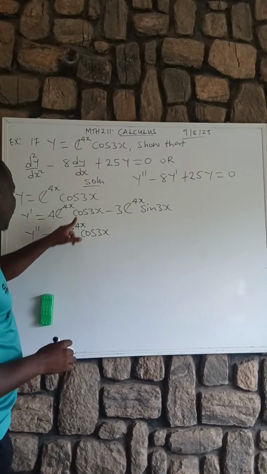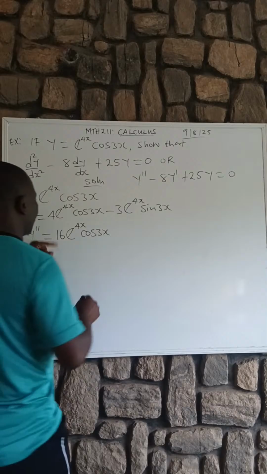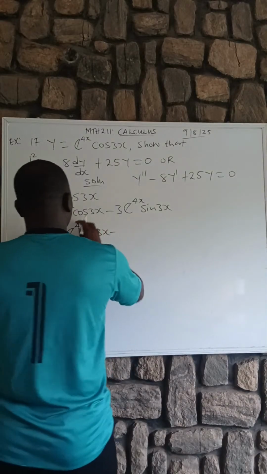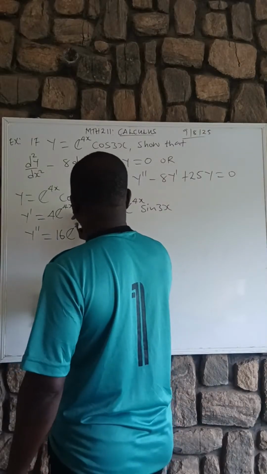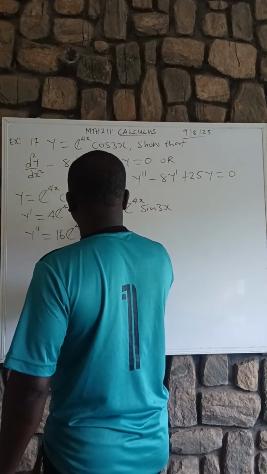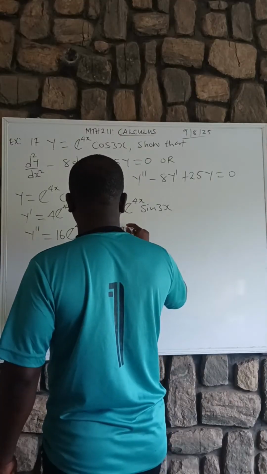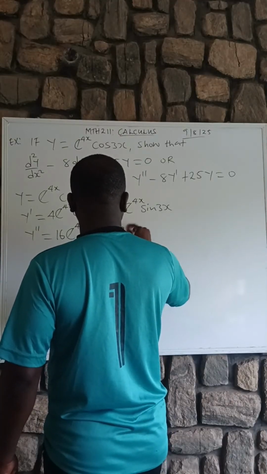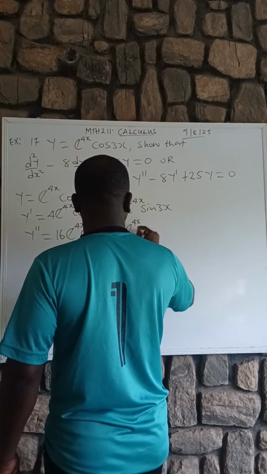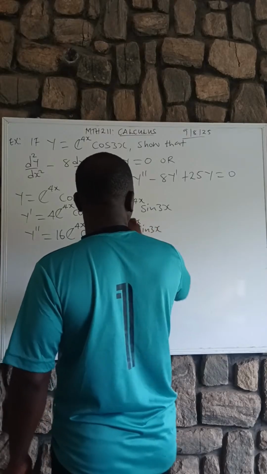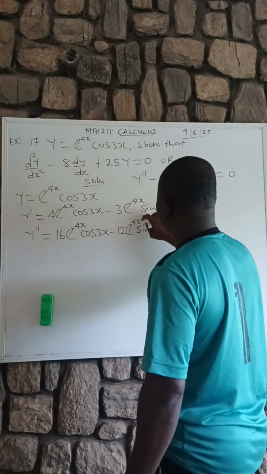Then differentiate this, we are going to have minus 3 sine 3x. Then we use it to multiply this. There will be 12 exponential 4x sine 3x. Then differentiate this.